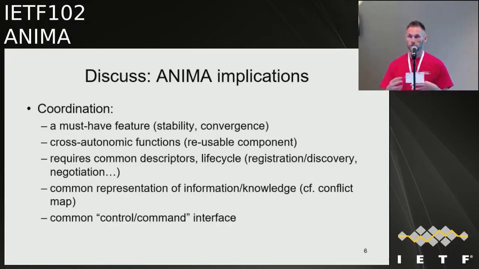The functions should express the parameters and the metrics in a common way, so that these coordination services can arbitrate and operate over common descriptors and have this life cycle. We also need some level of common representation of information and knowledge, as highlighted in the conflict map, and also an interface to make the coordination decision executable on the network. And I think that's all.